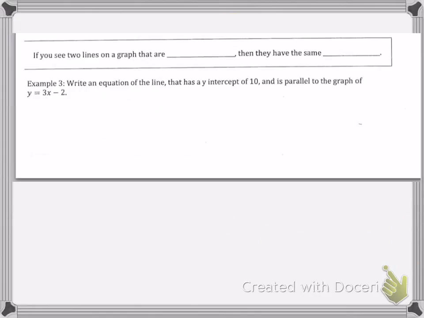Looking at some food for thought kind of at the end of that example, if we see two lines on a graph that are parallel lines, I know that you've heard discussed are two lines that go forever in the same direction but never meet, never intersect, never have an intersection point. That is because they're the same steepness, which means that they both share the same slope.